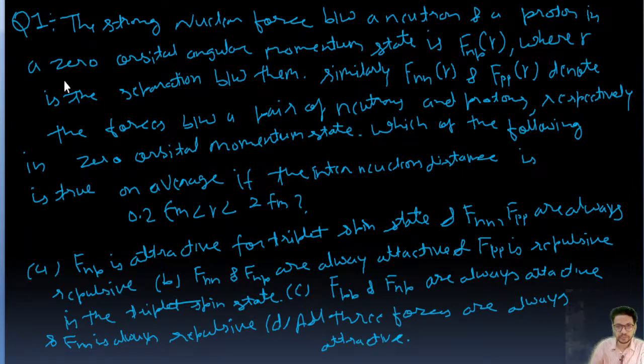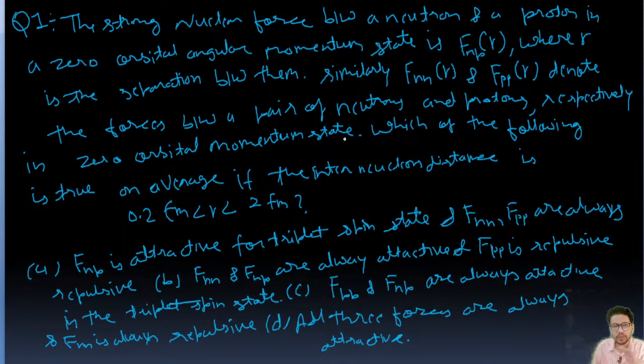A strong nuclear force between neutron and proton in a zero orbital angular momentum state, the force between them is FNP, where R is the separation between them. Similarly, FNN and FPP denote the forces between a pair of neutrons and a pair of protons respectively in zero orbital angular momentum state.